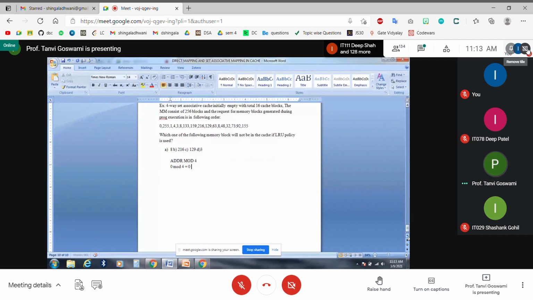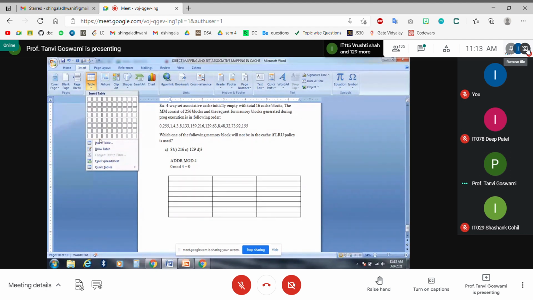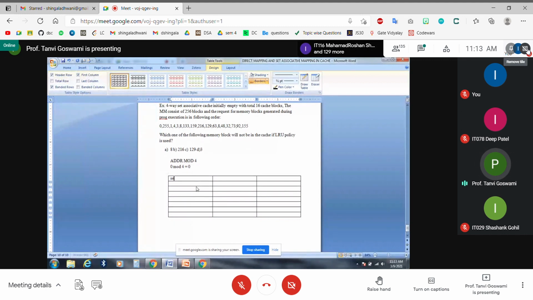All right. So you need to do it very systematically. Let us say I'm drawing a table. So this is my set number. Each set is capable of holding 4 blocks.